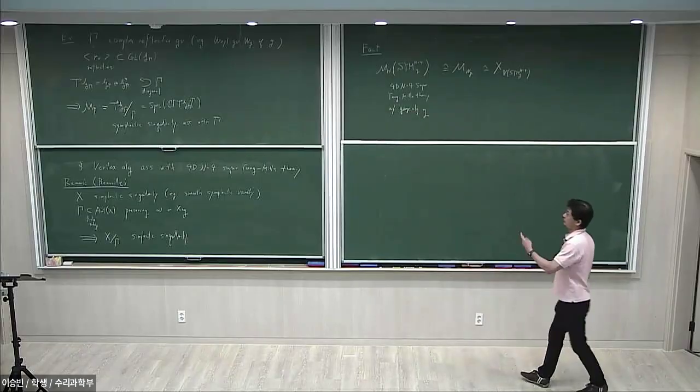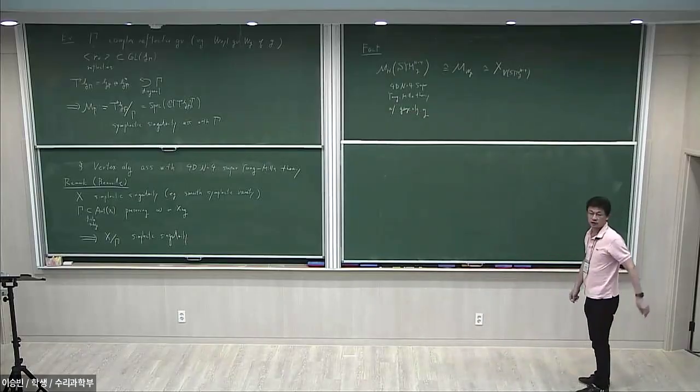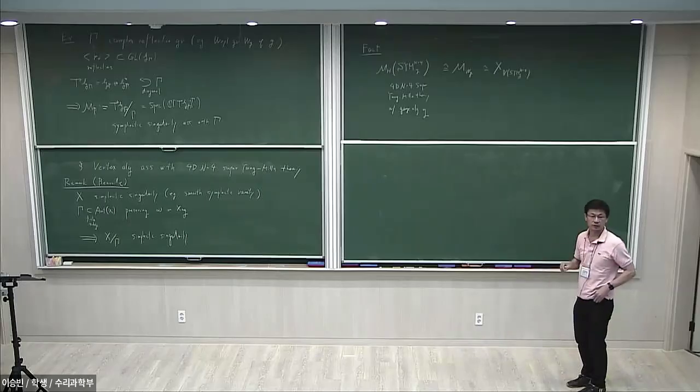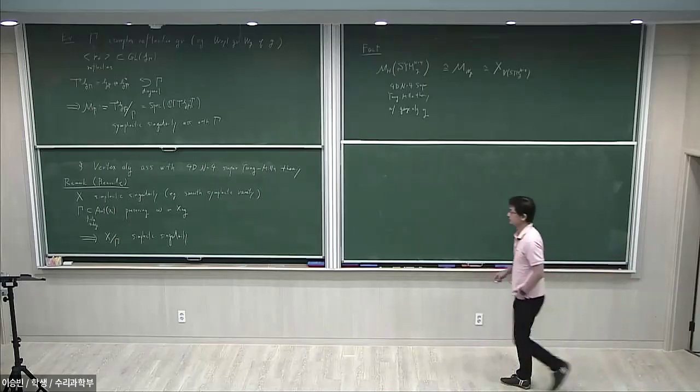If you want to construct this vertex algebra, you want to construct a vertex algebra whose associated variety is this symplectic singularity.